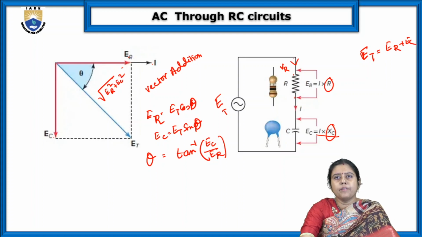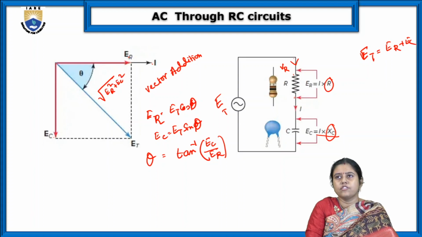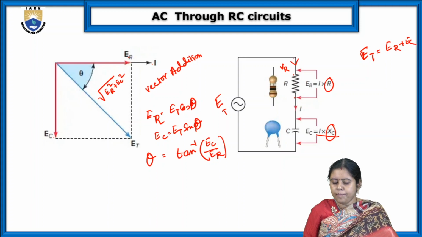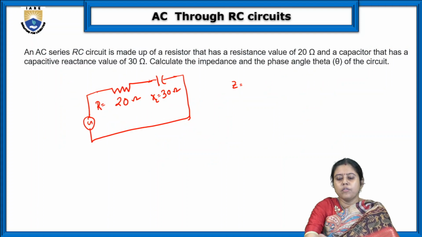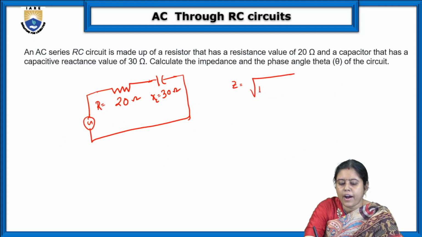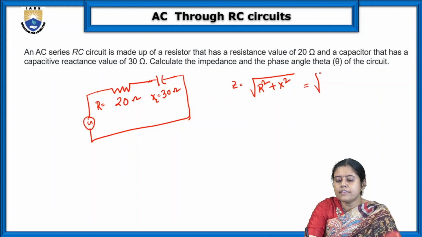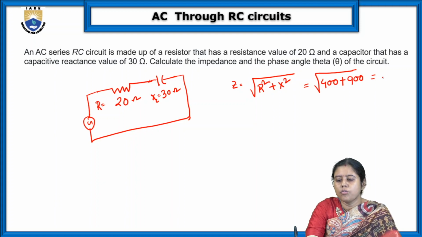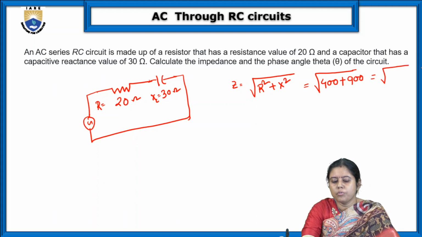If I divide it by the current, because current is constant, we get the square root of R square plus X square. So we are using the same thing. What is R square? R square is 400 and X square is equal to 900. So we will get the value here.